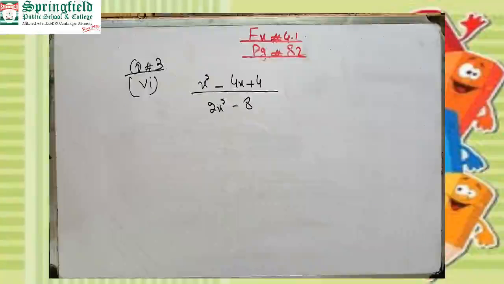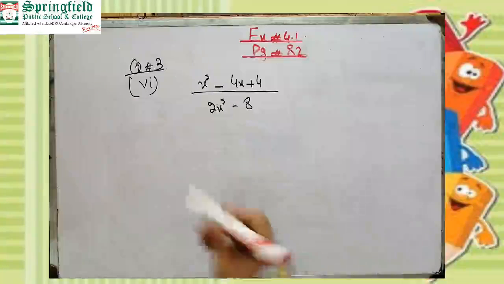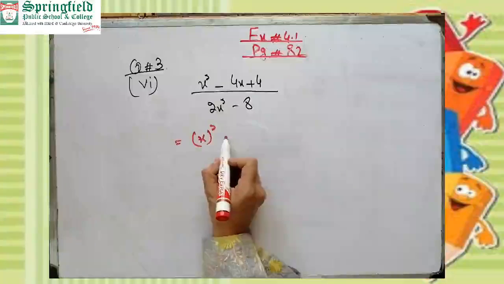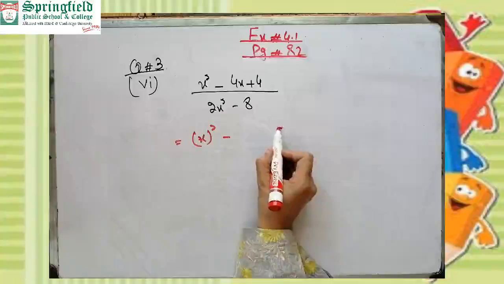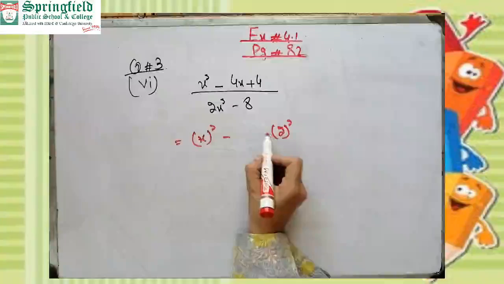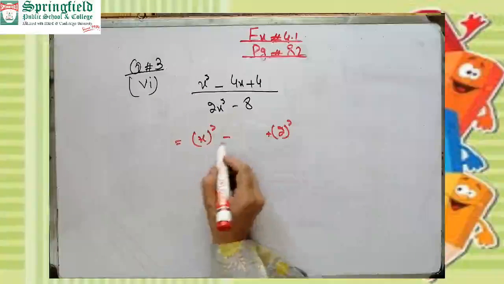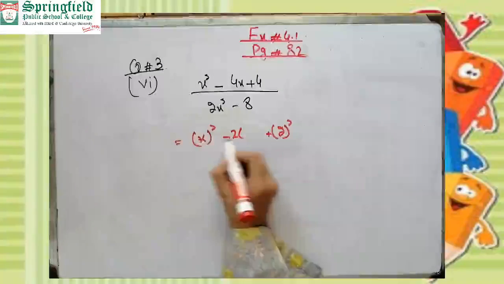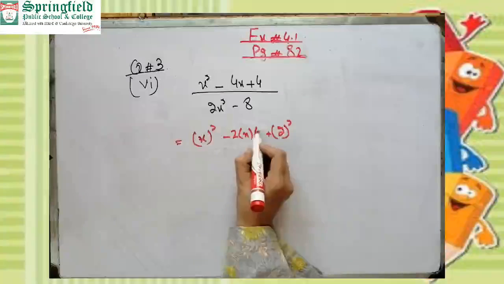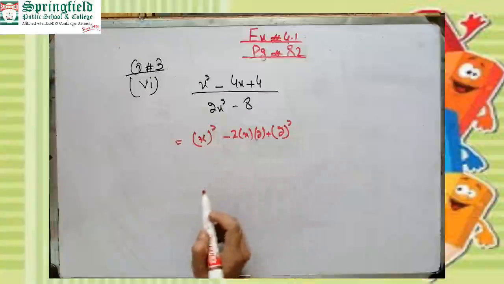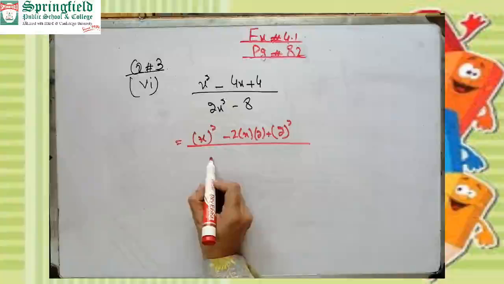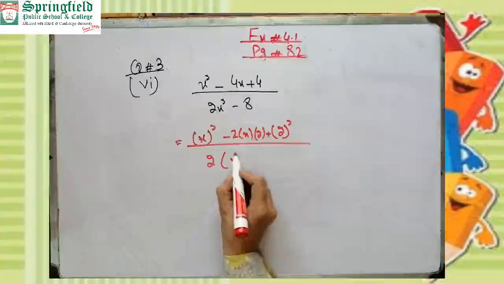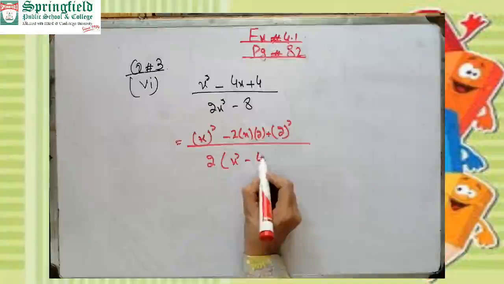How can we find the lowest term? Simple. x square minus 4, 4 is the square of 2, fine. So then a square, b square, 2ab. It will become 2 twos are 4, 4x. And then we can take the common 2 from here. So x square minus 2 fours are 8.